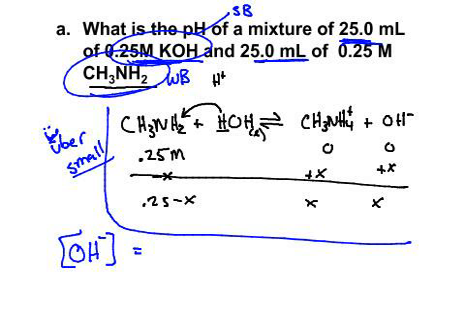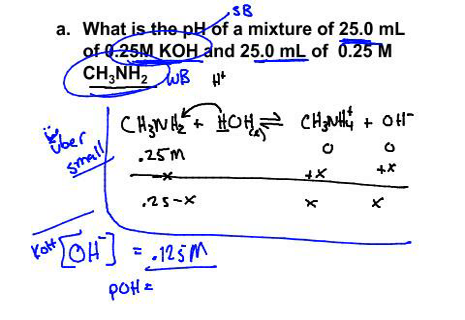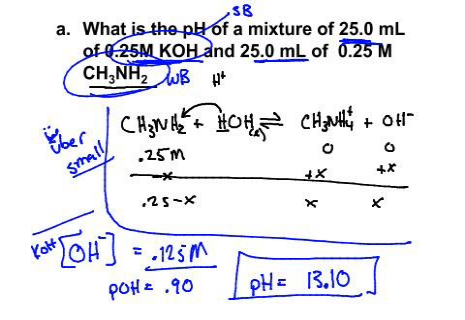So this is that division by 2. If you double the volume, the concentration is cut in half. So the hydroxide concentration from the potassium hydroxide, the KOH, is going to be 0.125. So therefore, the pOH would be equal to the negative log of 0.125, which is 0.90, and then the pH you subtract from 14: 13.10.